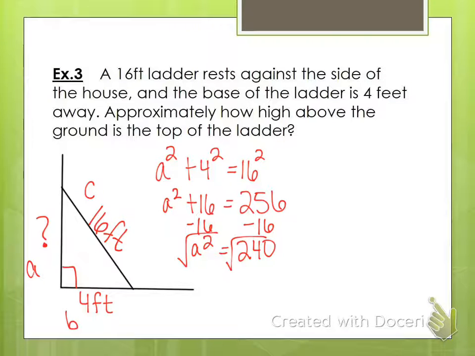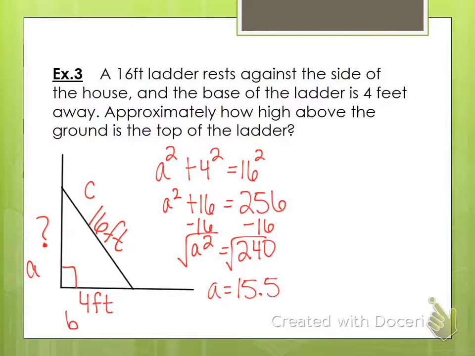Now, on this particular problem, the question said approximately. So if the question says approximately, I'm okay with a rounded answer. So in this case, if we take the square root of 240 and get a decimal, what do we get? What do we get? A little louder for the person in the back. 15.5?